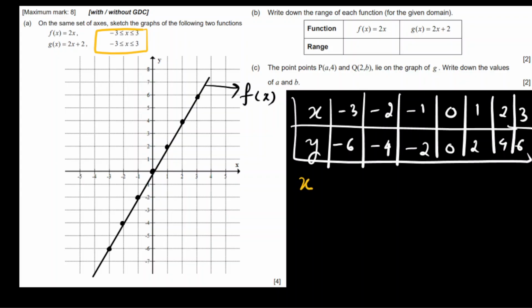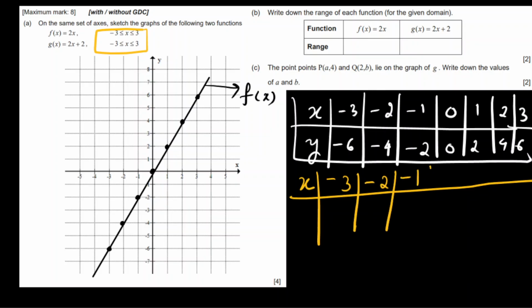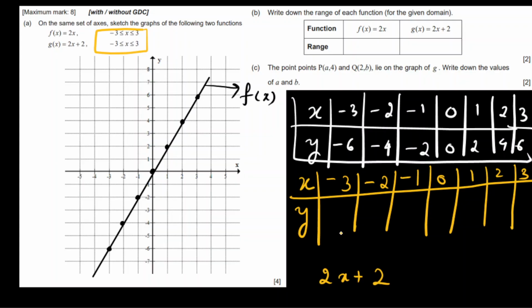So I'll consider the same x values now: negative 3, negative 2, negative 1, 0, 1, 2, and 3. So we will get the y's by substituting. The function is 2x plus 2.